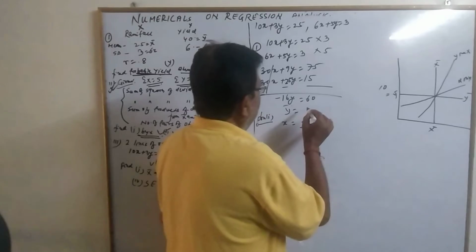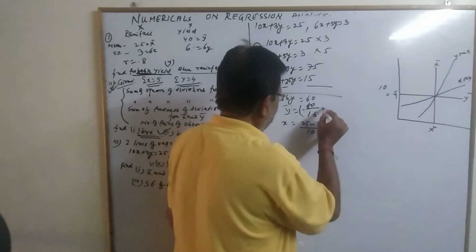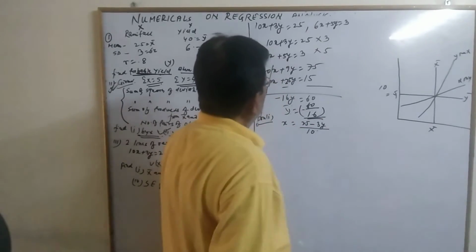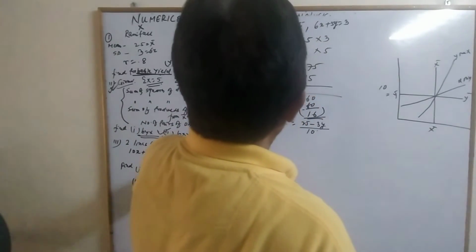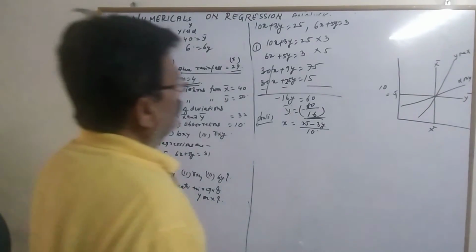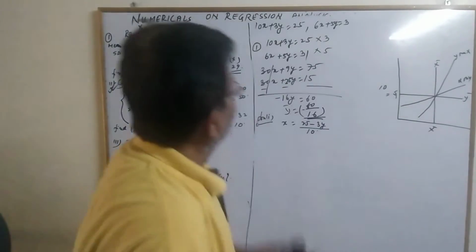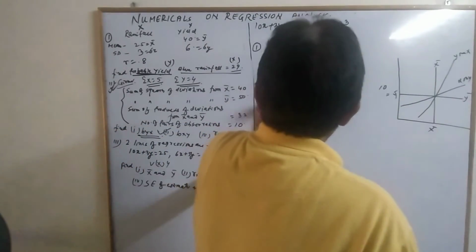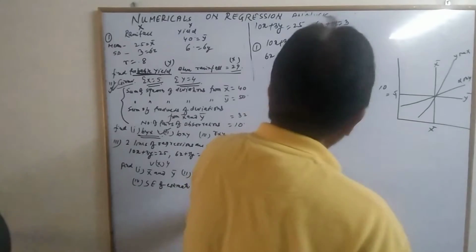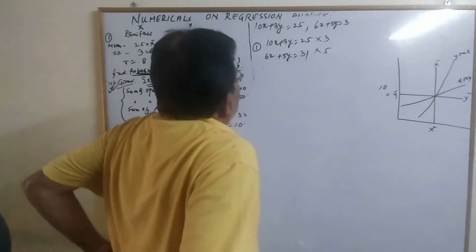Y bar is turning out to be negative, which is unacceptable in statistics. Sir, it is 31. Which one? 6x plus 5y is equal to 31. Oh, that's why such a thing is coming. Yes. So sorry, it was an omission on my part. Mean can never be negative. That's why it was problematic for me.